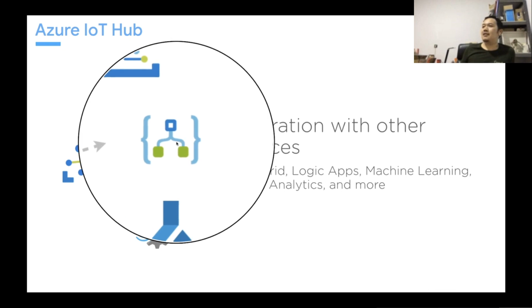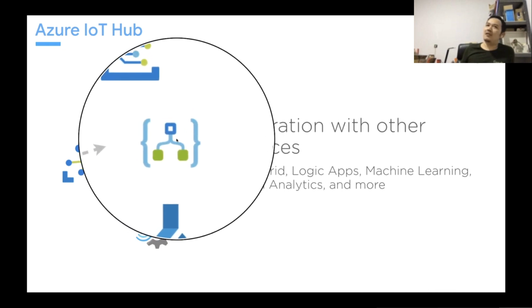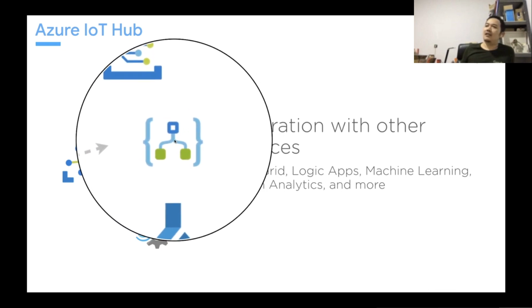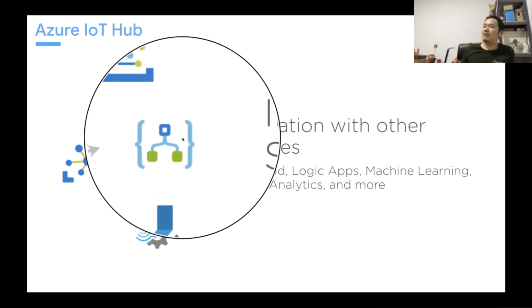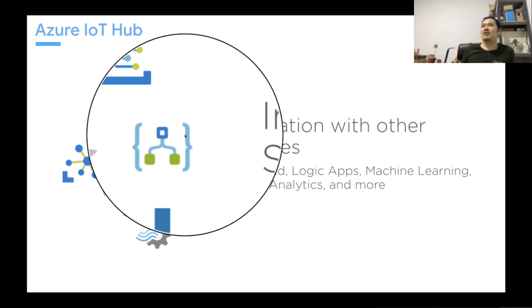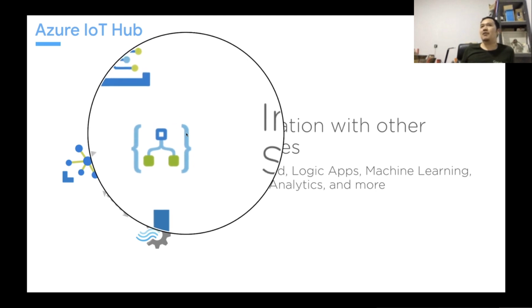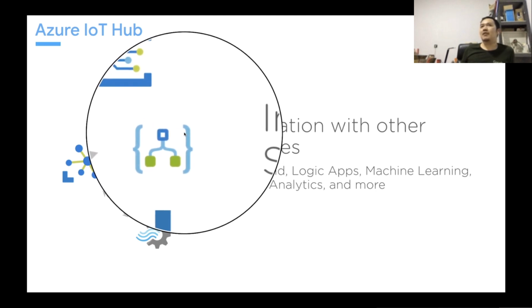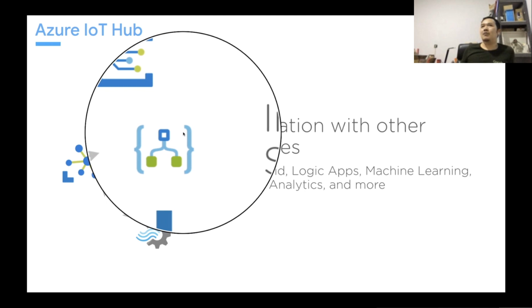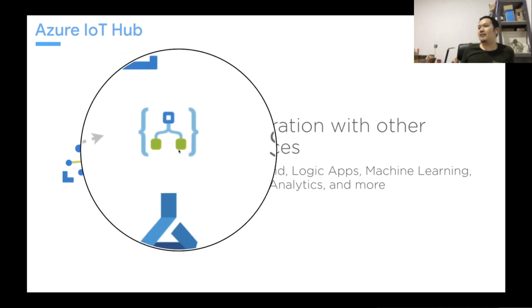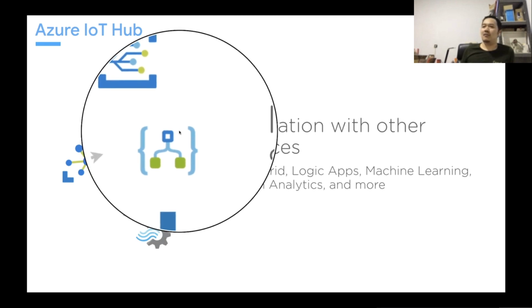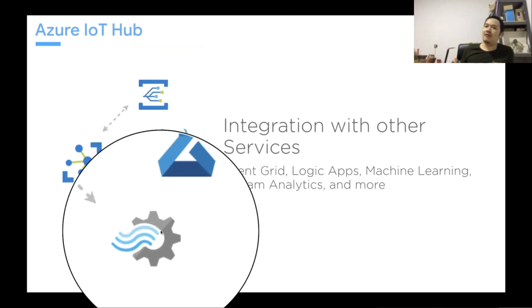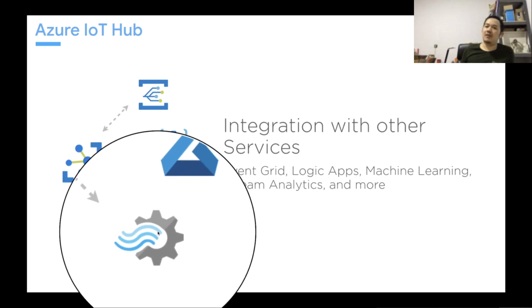You can put in some logic, either a long process or a short process. For example, if you have a message or an alert from the device and you want to send an email, Logic Apps are the way to do that. And Stream Analytics is for processing your stream of messages.